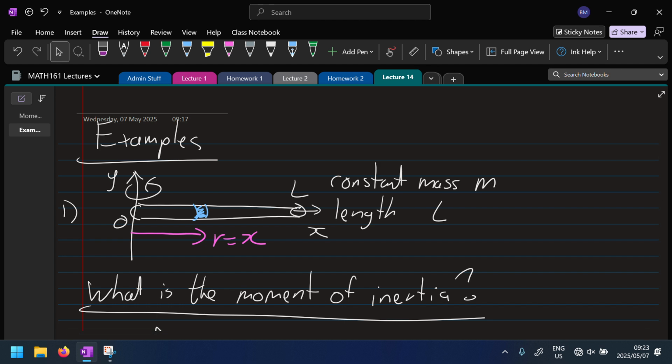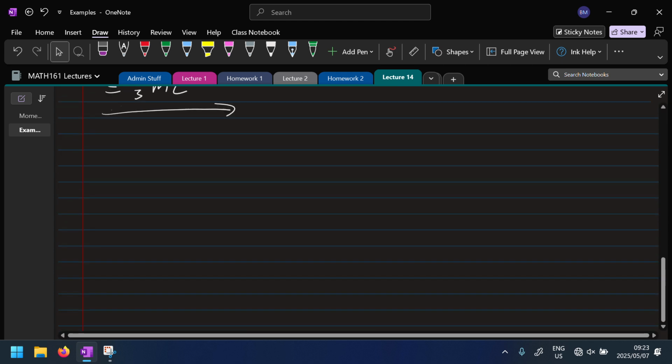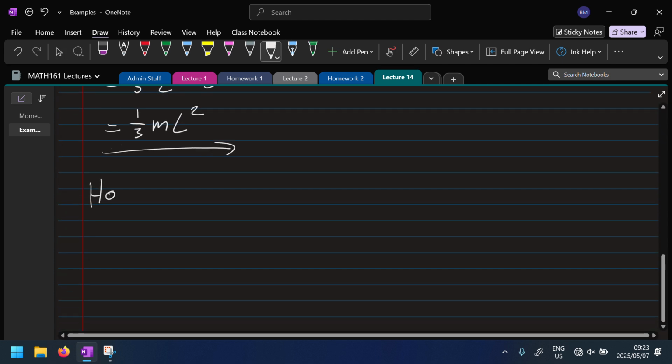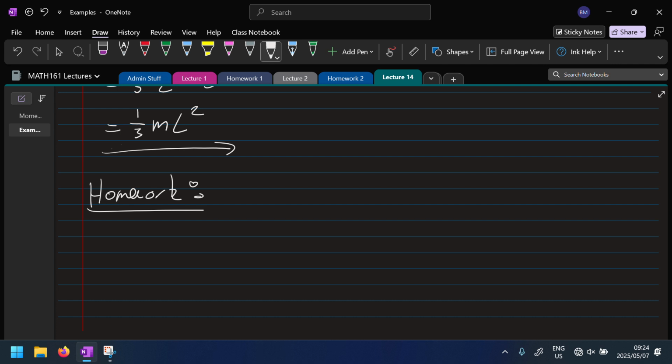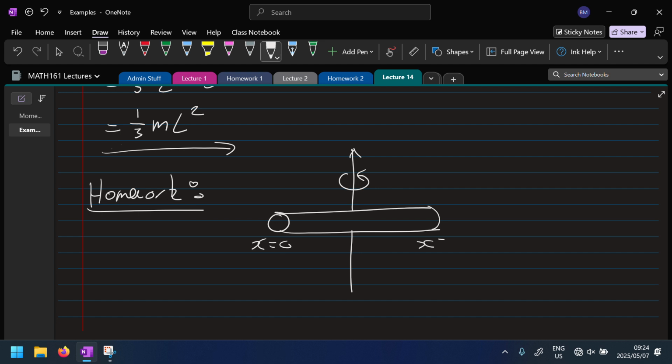If we take this rod and rotate it around that axis there. Now for homework, we're going to change the axis. What happens if you rotate around the middle? Okay, what is that going to be? So homework. Okay, so everything else is the same, uniform density, same length, same mass, but now the axis is going to be through the middle. So here we have x is 0, x is L, x and y.